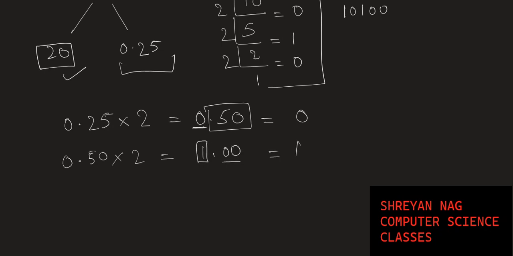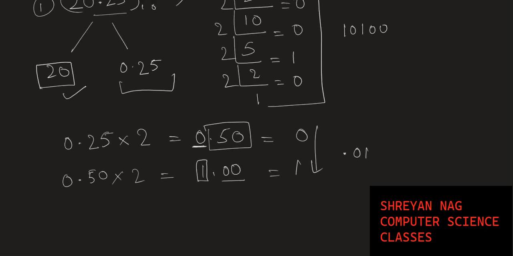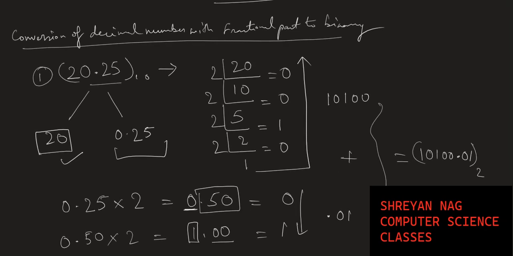Now there is nothing present in the decimal, so we leave that aside and write from top to bottom, 0.01. Now we add these two parts, and we get 10100.01. This is the binary equivalent of this fractional value.